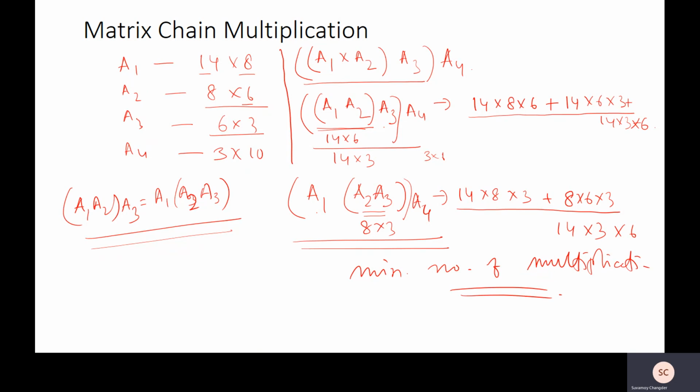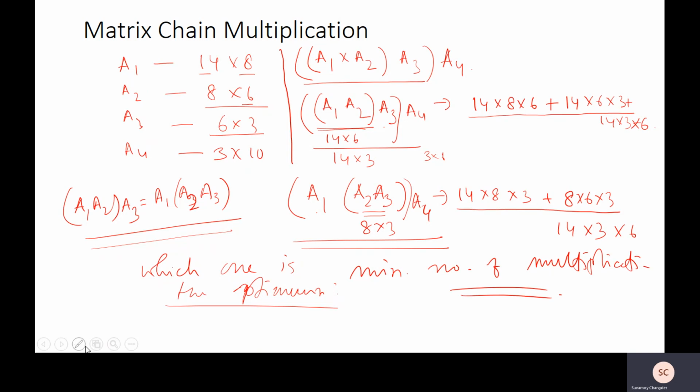So from here we can say that there is more than one possibility to multiply a chain of matrices. Now the question is, which one is the optimum? And if we find the optimum solution, then how to multiply this chain of matrices.